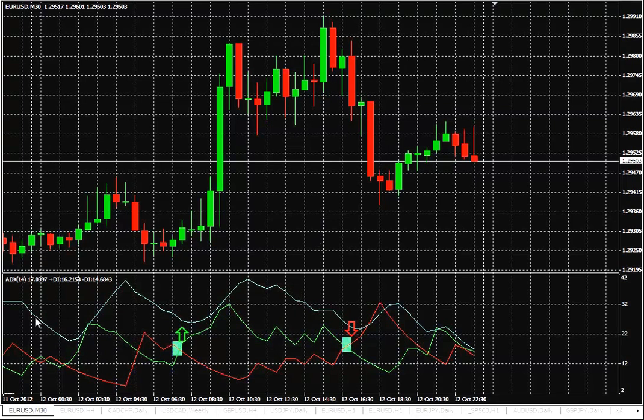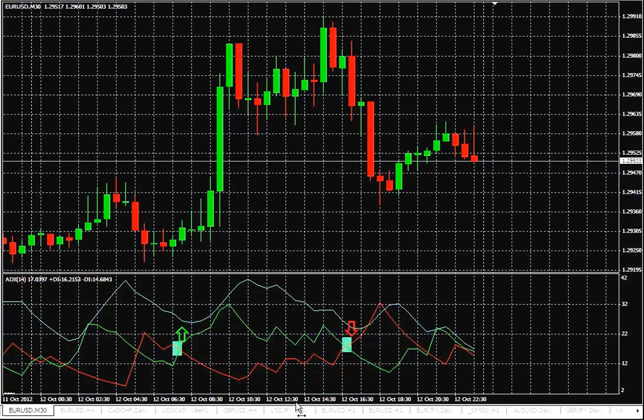Here you see the average directional index. This line with turquoise color represents the index. It's a 14 periods index, and it comprises two partial indices: the directional index plus, which I symbolize here with green color, and the directional index minus, which I symbolize here with red color.